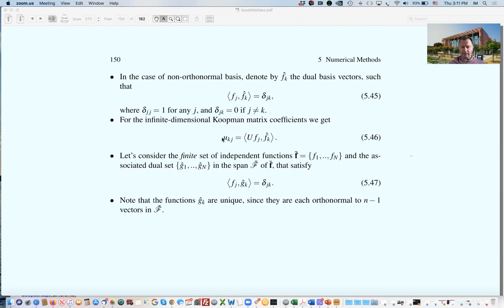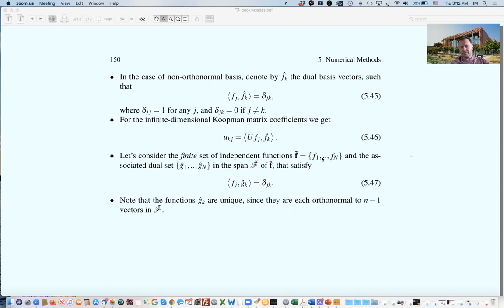All right, so now we have the coefficients. And we're going to pick a finite set of independent functions and the associated dual set in the span of F tilde, our finite set of functions. F tilde here is the span of these functions. That's a finite dimensional vector space. In the finite dimensional vector space, these functions are independent, so they provide us with a basis.